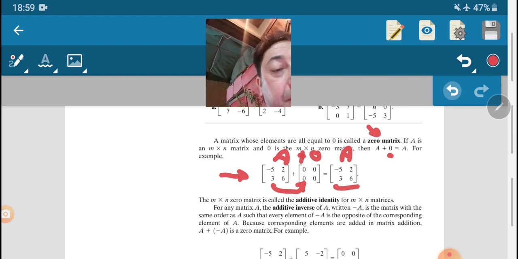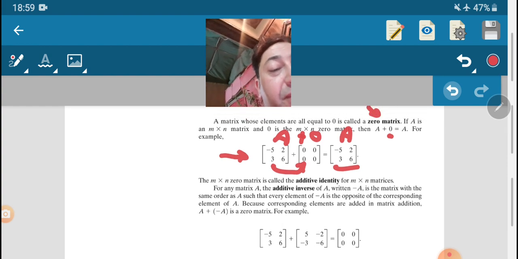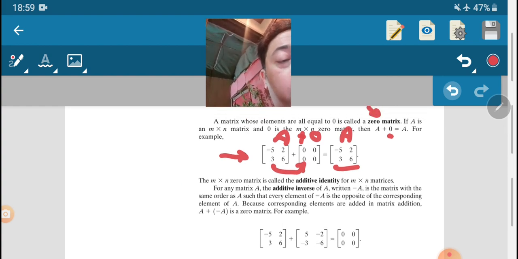So can we know whether two matrices are additive inverses of each other? What does the word additive inverse mean? It means if we add the first matrix to the second matrix, they become the zero matrix. So let's start here.